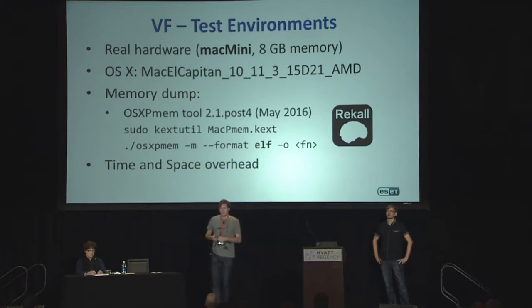This is another forensic analysis framework available online. And actually, this was a recent version from May 2016. There are two steps. The first step is to load the kernel extension, and the second step is to actually dump the memory. Note that you should explicitly state the format, because otherwise the output would be in a format that VF is not compatible with.